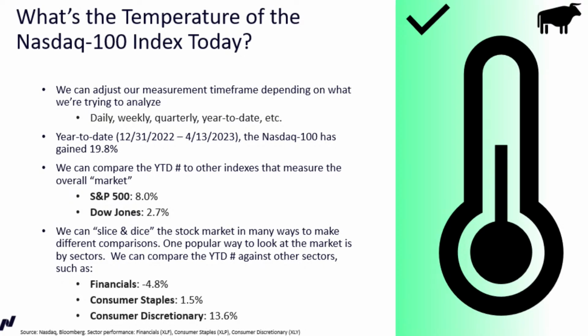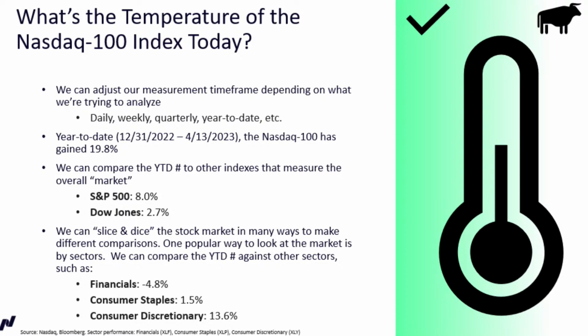So year to date, starting December 31st of 2022 through yesterday's close, April 13th, the Nasdaq 100 Index is up 19.8%. That's a double-digit gain. That is nice. But when you compare that to other indexes or other sectors, that's when you're able to tell more of a story.